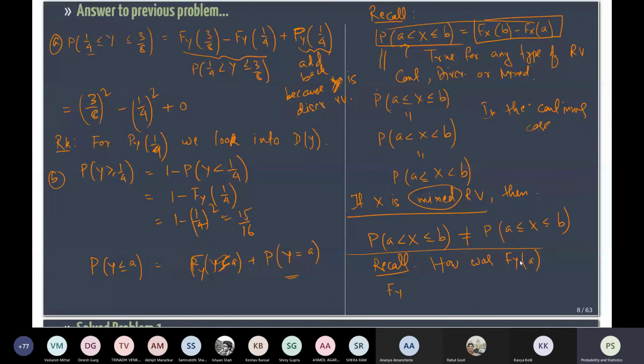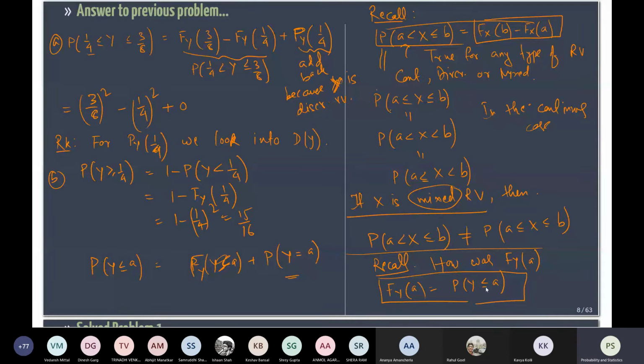Let us remember, Fy of a is the probability that y is less than or equal to a. So equality was assumed in the definition of Fy of a.